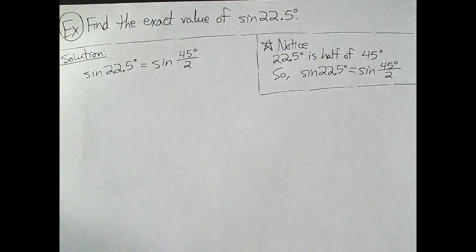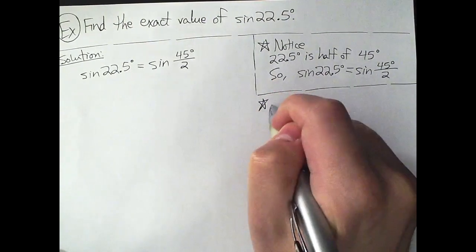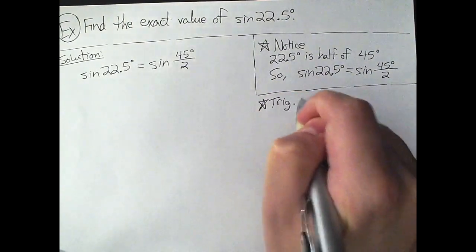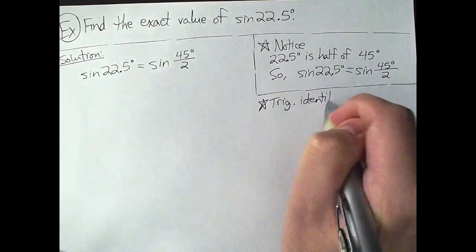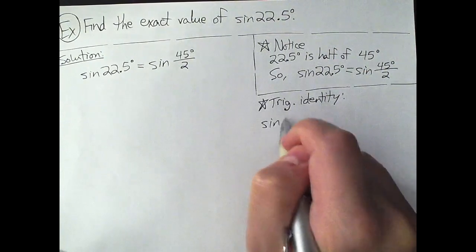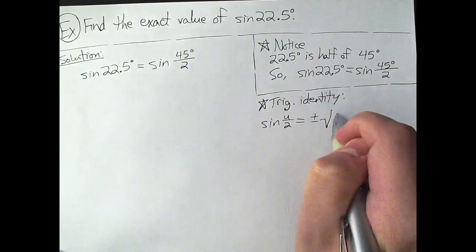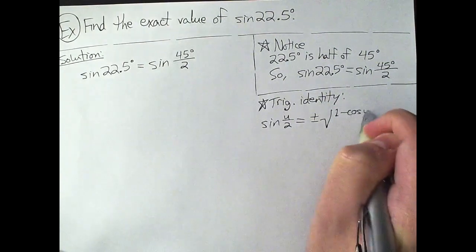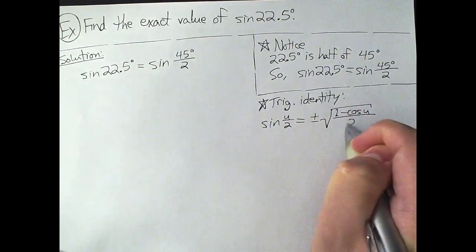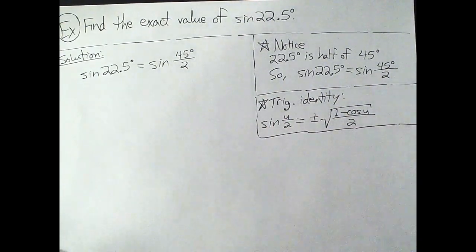So let's write it off to the side for right now. There's a trig identity that says sine of u over 2 equals plus or minus the square root of 1 minus cosine u over 2. All right, that's what we're going to use.